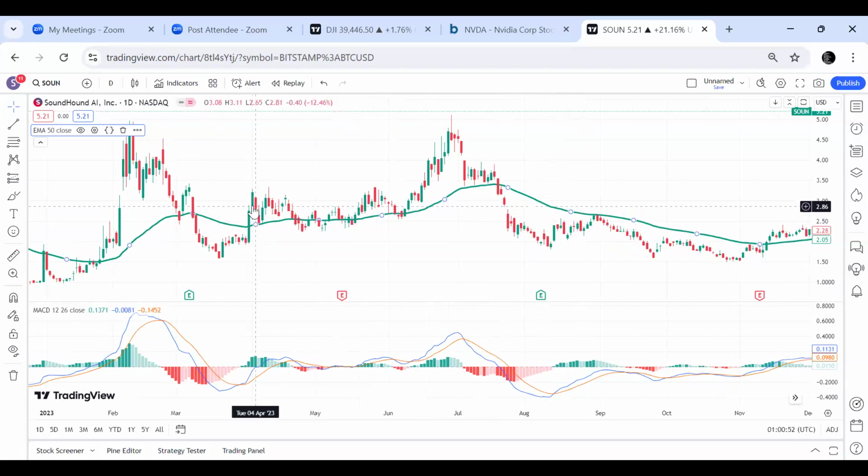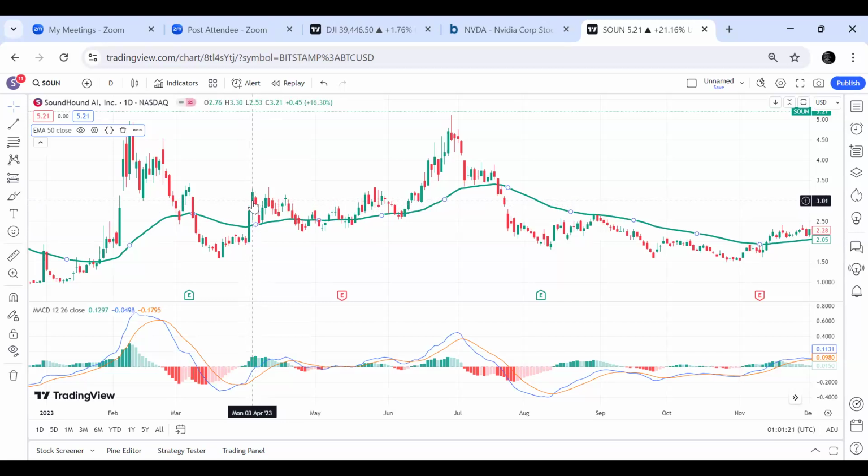And the next day, again, as I discussed in the previous point, on 31st March 2023 the green candle came and crossed over the EMA, and on the next day another candle came, and this candle broke the high of the first candle. So obviously it is giving a buy signal. The second candle had broken the high of the first candle, so obviously I'm getting a buy signal here.